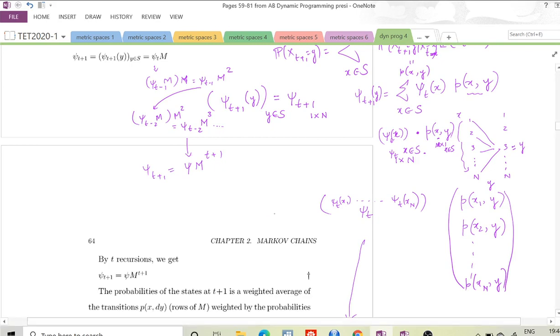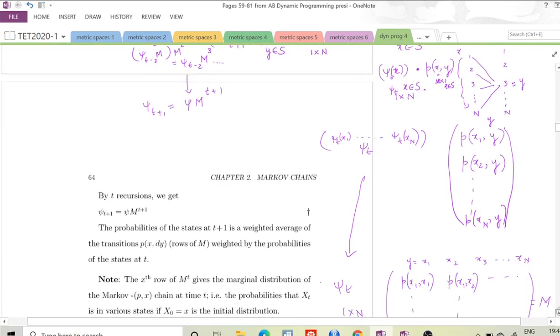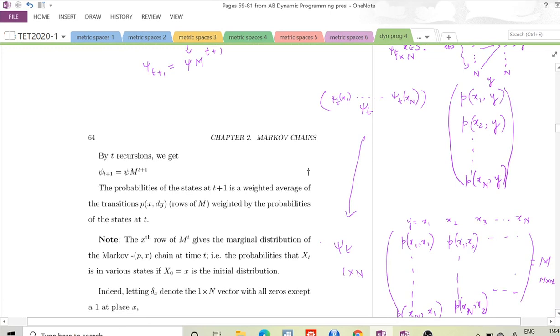So the probabilities of the states at t plus 1 is a weighted average of transitions p(x, dy) weighted by the probabilities. Well, this doesn't correspond to this statement, it corresponds to this statement here, right? So what do we find from here?